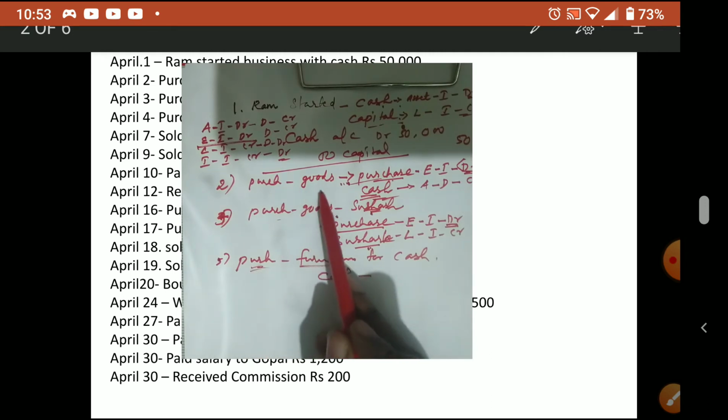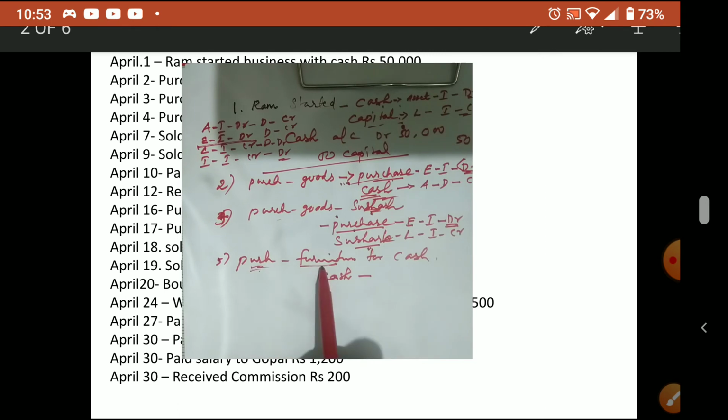Only for goods purchase you take purchase, but for furniture, or any asset purchase, take that asset as an aspect. Cash is an asset. When you purchase the furniture, cash has gone out, so cash asset decreases. Credit.